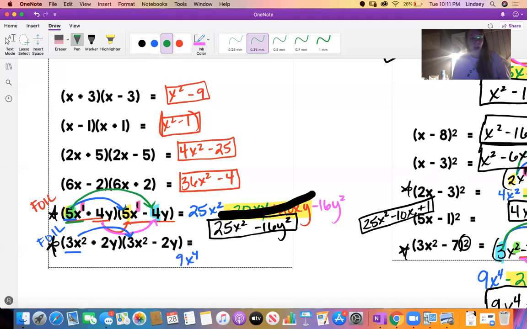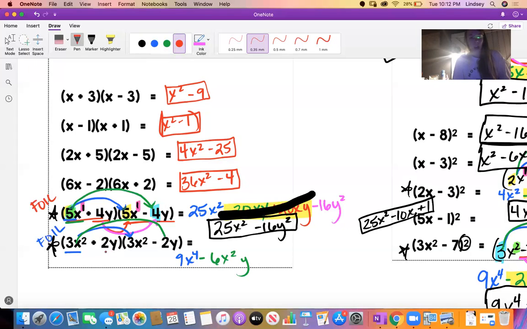Moving on, I go to my O, outer, so I have 3x squared times negative 2y. So that is going to be negative 6. Okay, and I have two different variables, so you just write out each variable, because it's like multiplying by 1. All right, then I have inner.